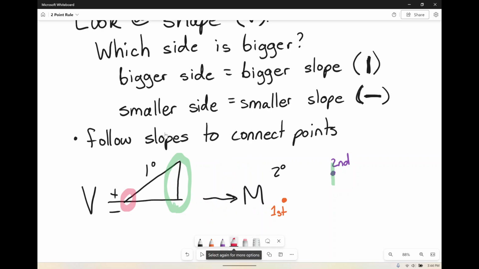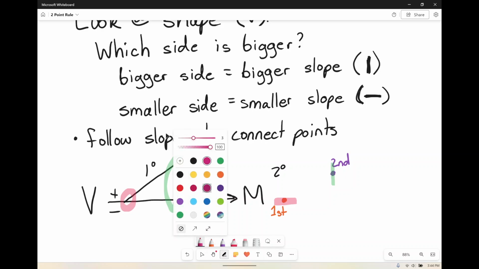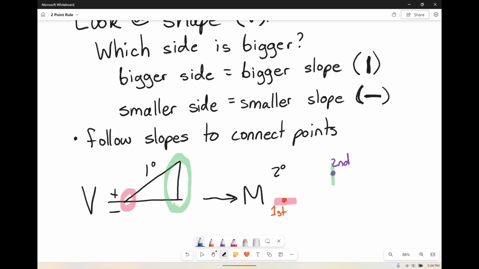And the red side, the first side, is going to be very small, so it's going to be kind of horizontal here. And all we need to do now is connect the dots. Let's do it in blue. So I'm going to follow this out, and I'm going to get that shape. So I'm going to get my curve looking like this for my moment diagram.